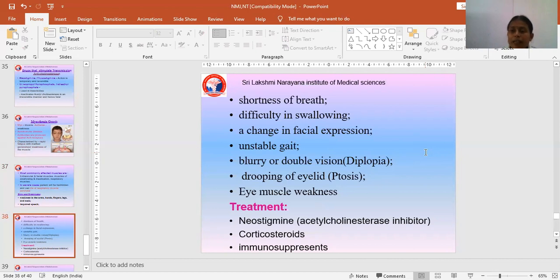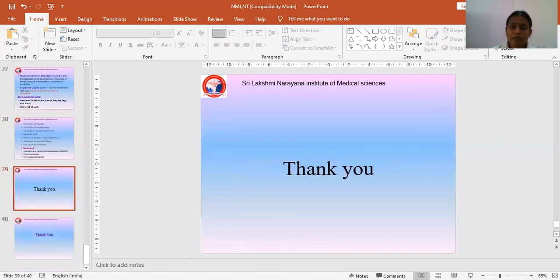The treatment for myasthenia gravis is by using the neuromuscular stimulant neostigmine, and other drugs are corticosteroids and immunosuppressants. Thank you.